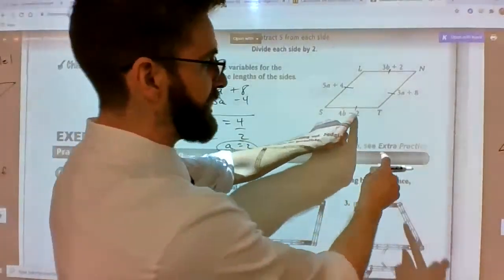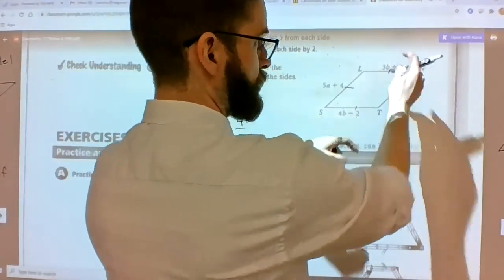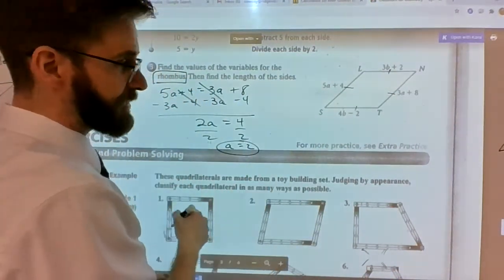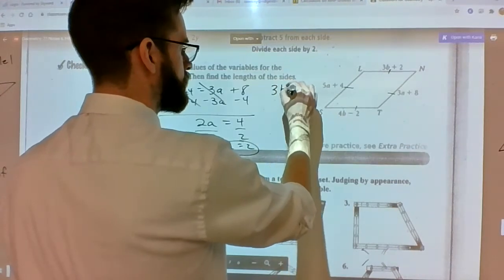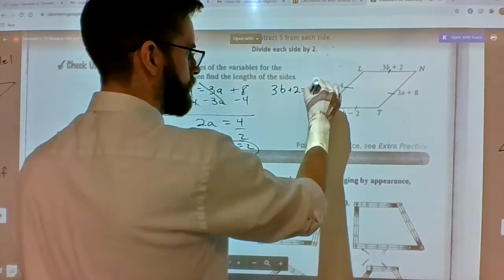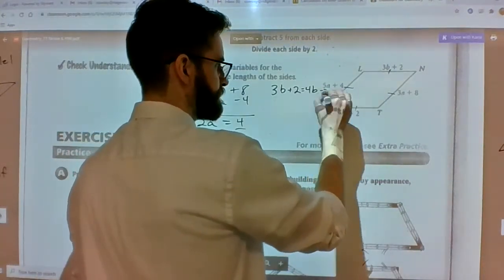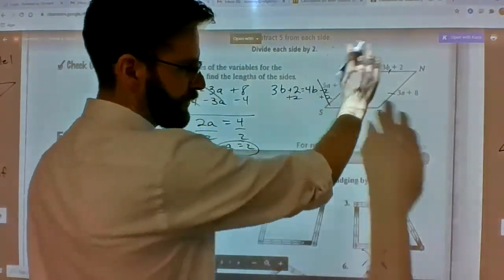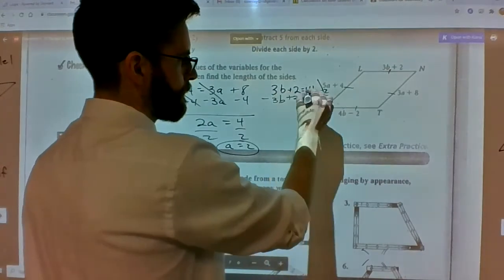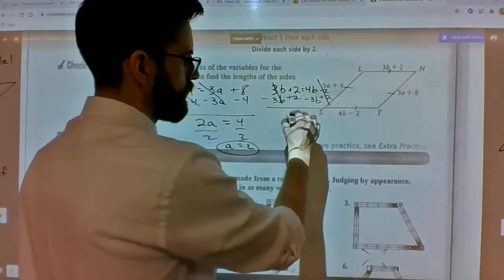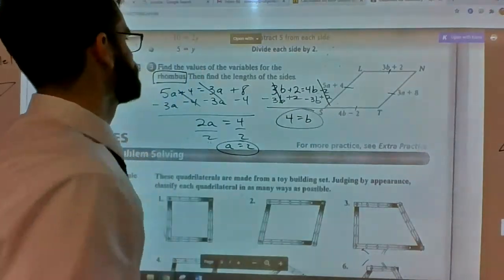Then I can set these two equal to each other. 3b plus 2 is equal to 4b minus 2. And then you can solve for b. Get rid of the 2's on the right. Get rid of the b's on the left. 4 equals b.